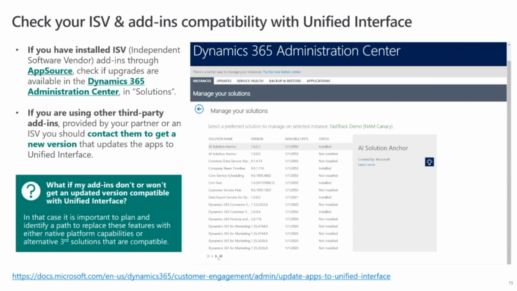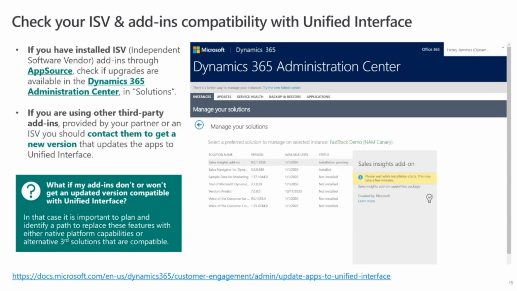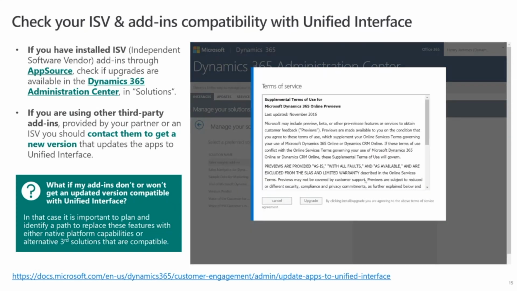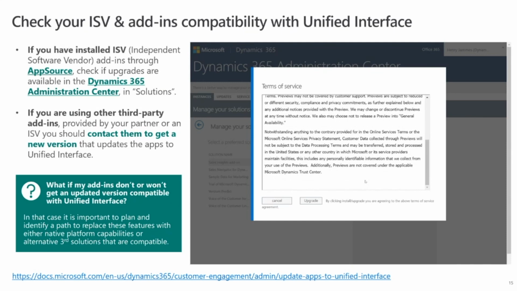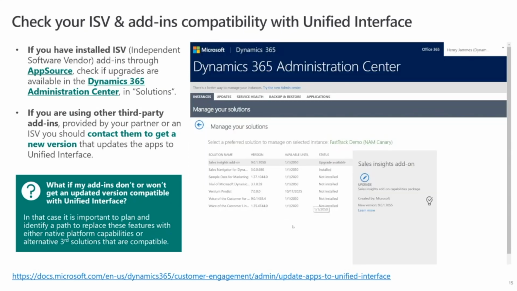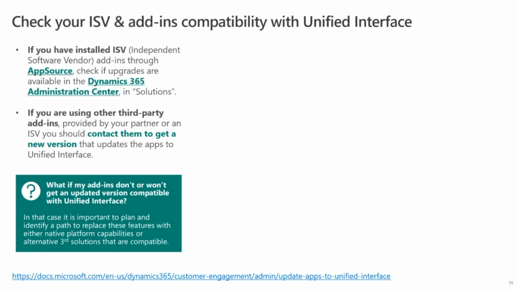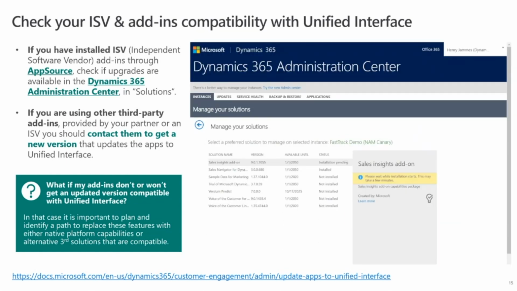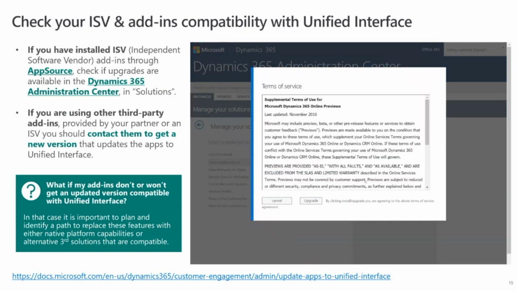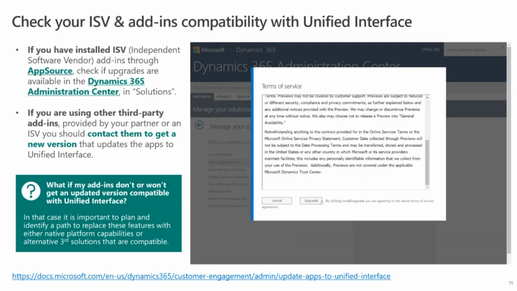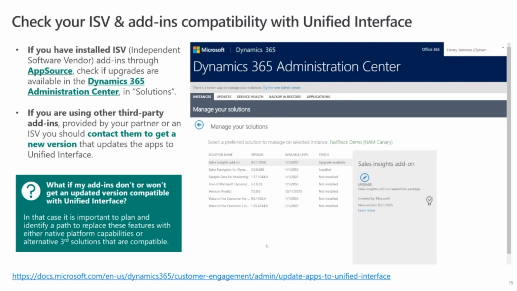Now, we understand that there are times where your add-ins or ISVs don't get an updated version compatible with the unified interface. That's why it's very important to tackle that part early on, because in that case, you will need to plan and identify a path to replace these features with native platform capabilities.